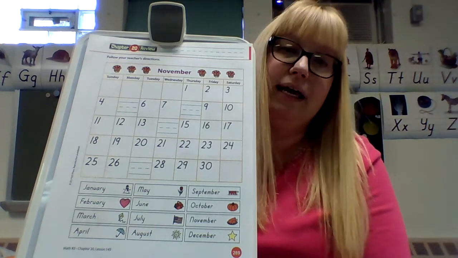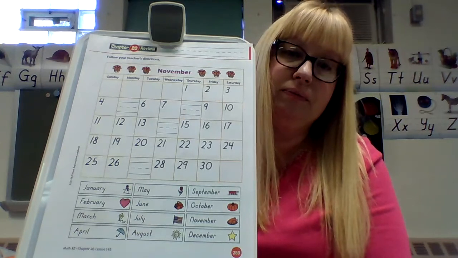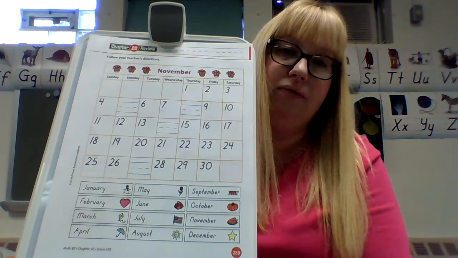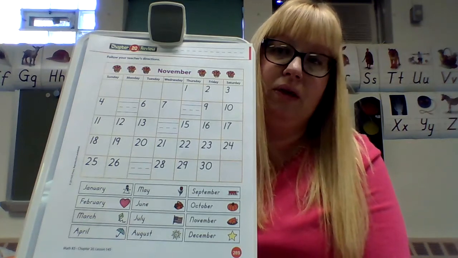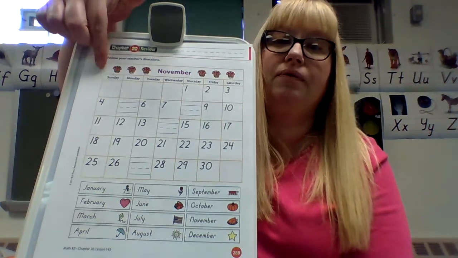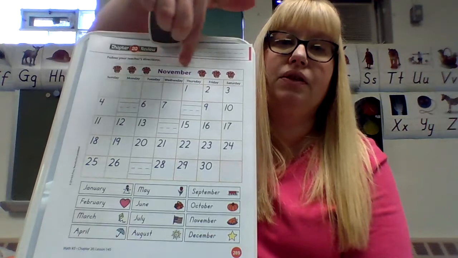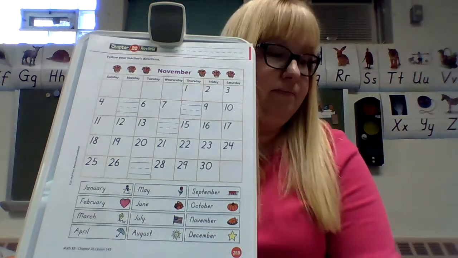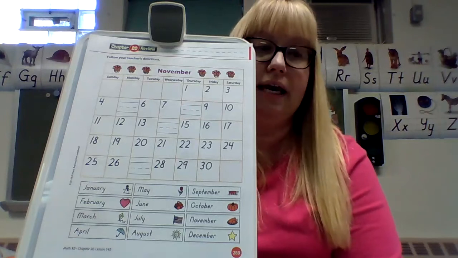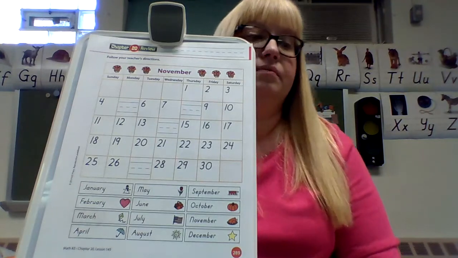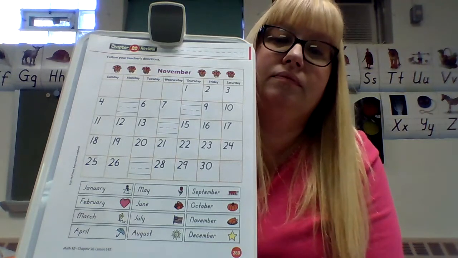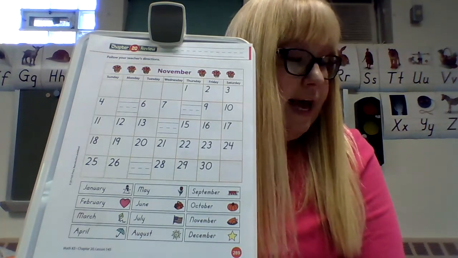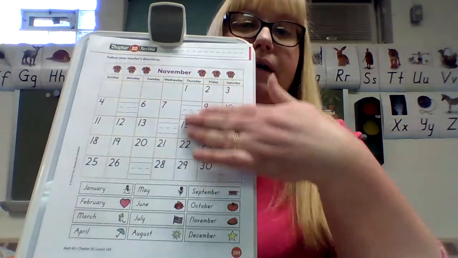November 22nd brown. Hopefully you can figure that out. You can look across the top of your days of the week, which one's Thursday, and count down. It's the fourth one, the 22nd. Okay, and that's it for this part of the calendar.